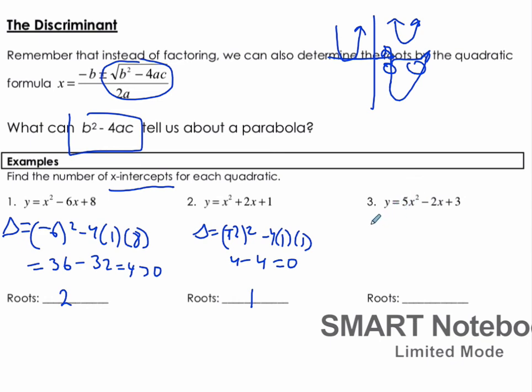And over here, let's do the discriminant. We have negative 2 squared minus 4ac equals 4 minus 60. So that is definitely negative. That means there are no roots, or 0 roots. Let's say no roots.